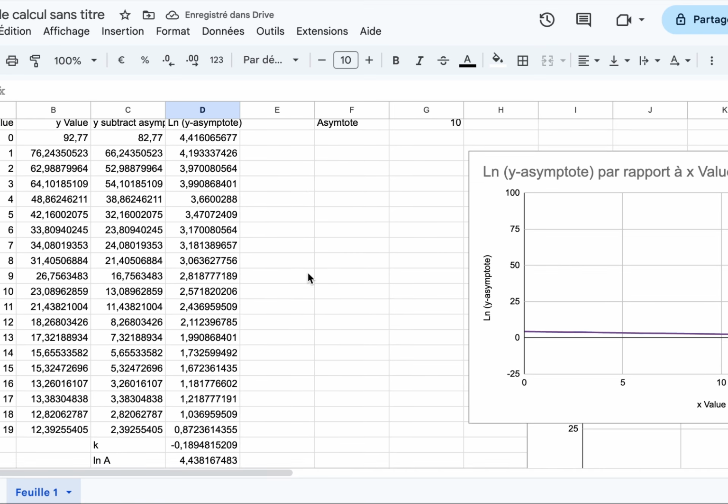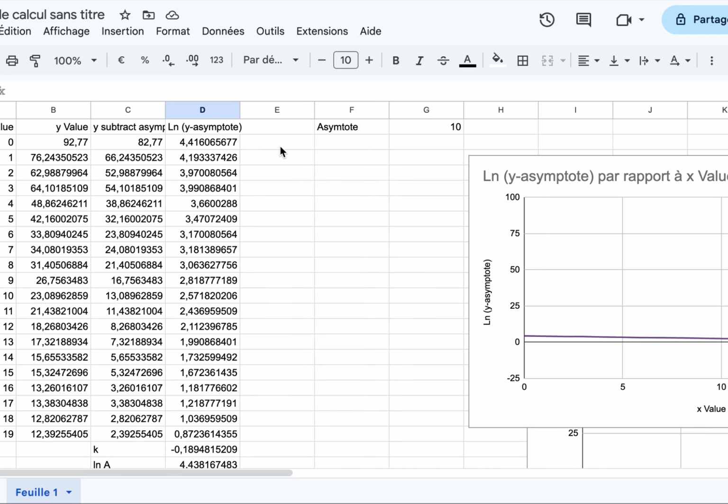Now I can plot my graph. This should be regression, and this should be exponential.